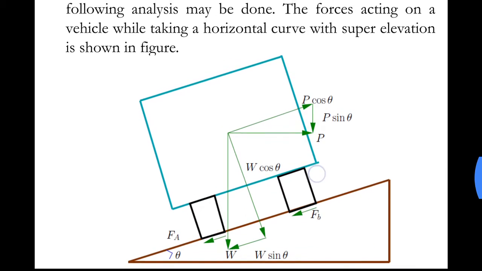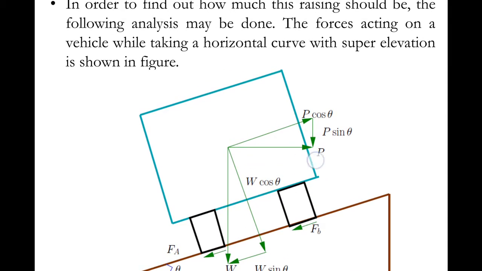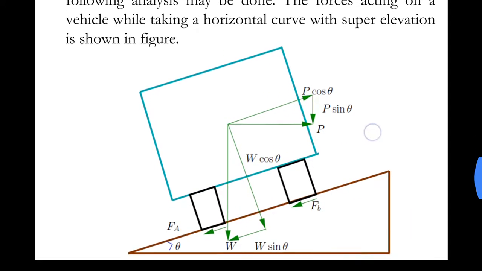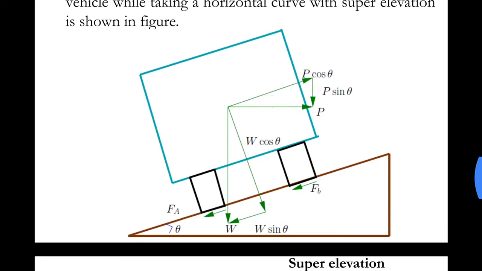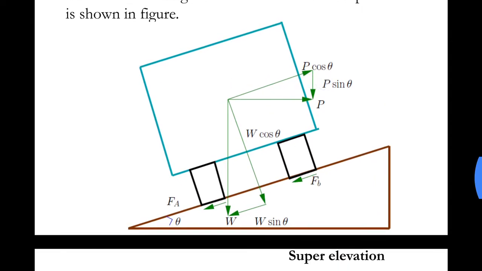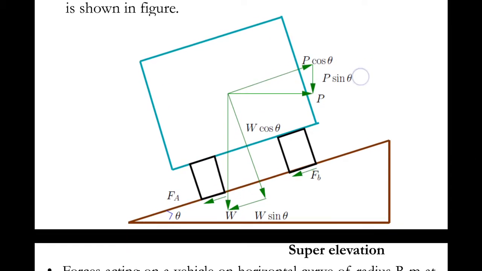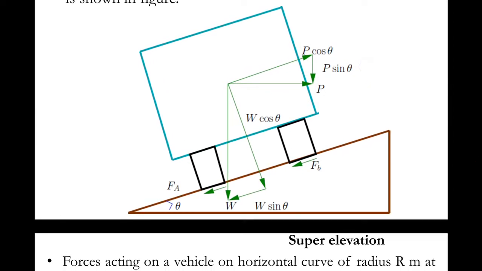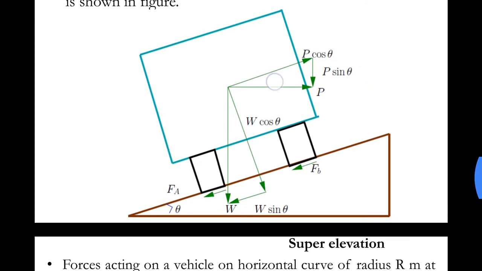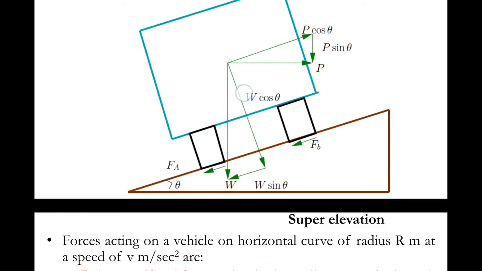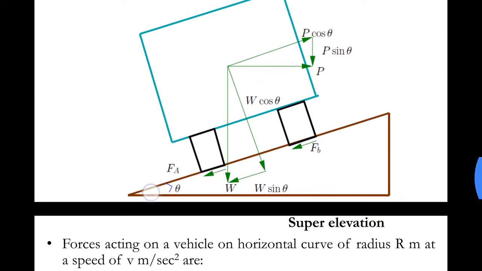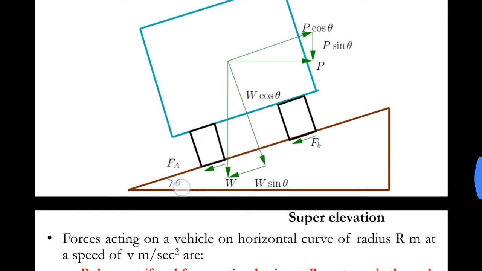Similarly, in the horizontal direction it is P, and when you resolve it for theta, it would be P cos theta, and in the downward direction it would be P sin theta. Keep a note that this angle is theta and even this angle is theta.